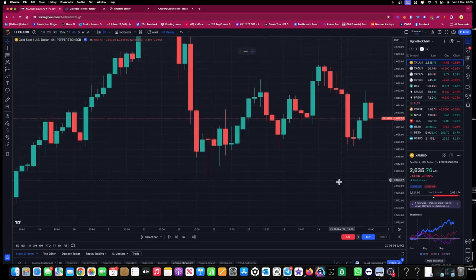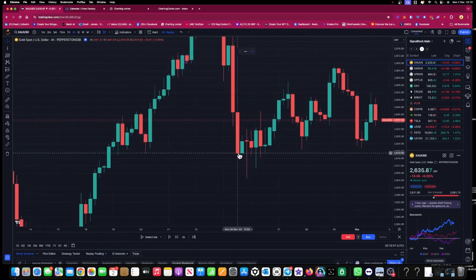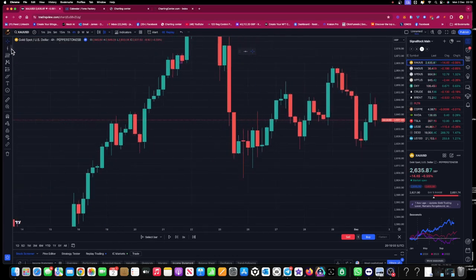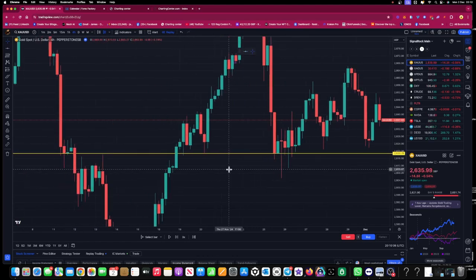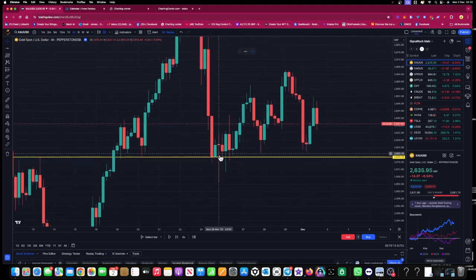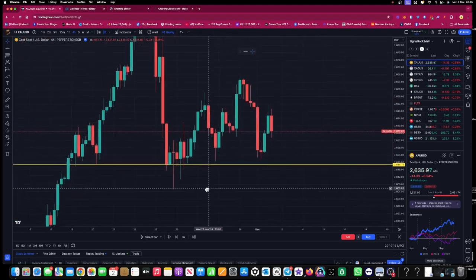So let's look where the support is. It's a horizontal line, just around about there. So yep, it's touched there, it's touched there. Okay, so it's quite a nice solid piece of support.